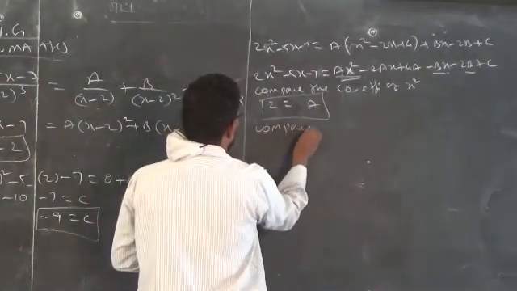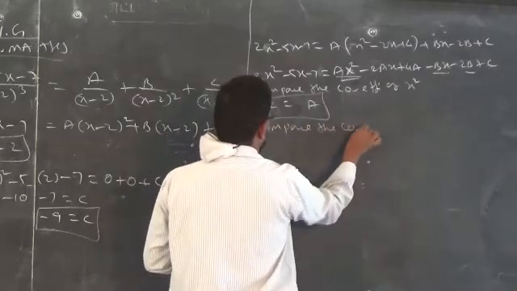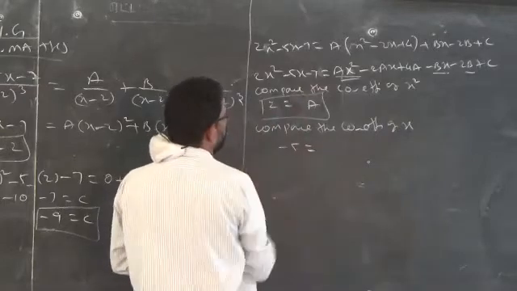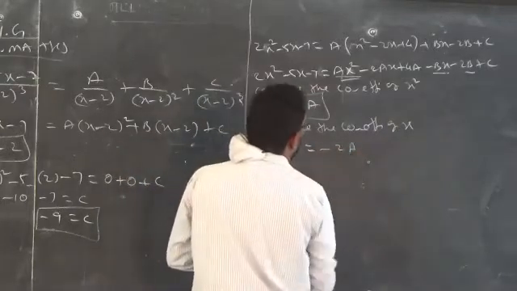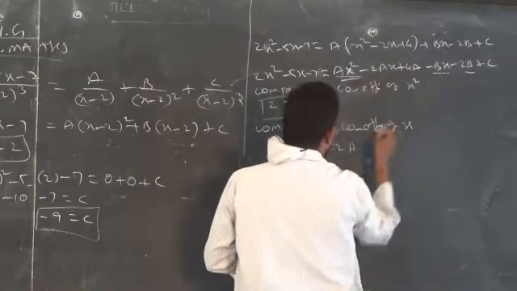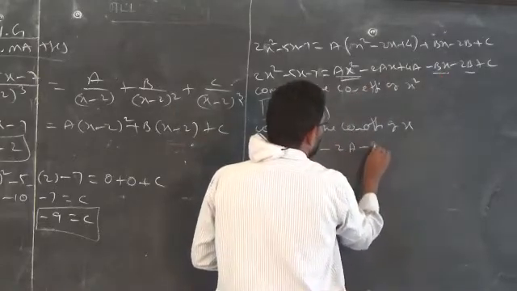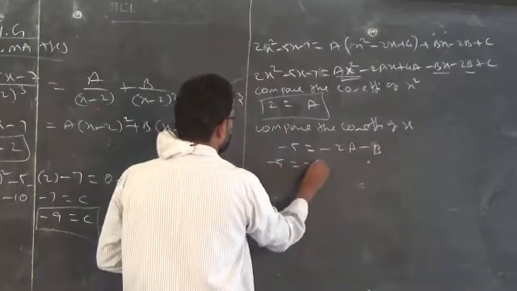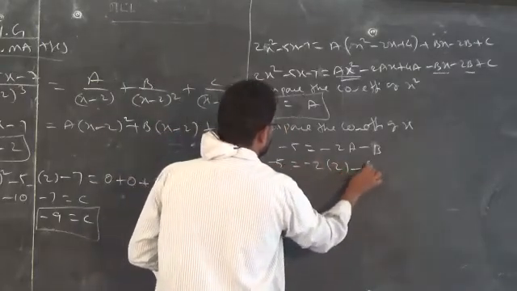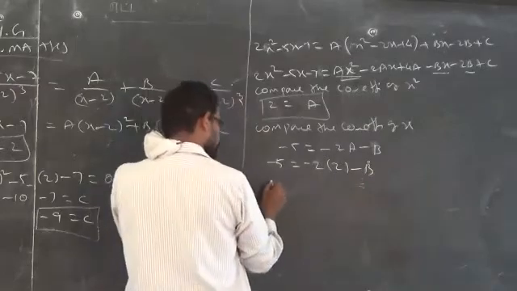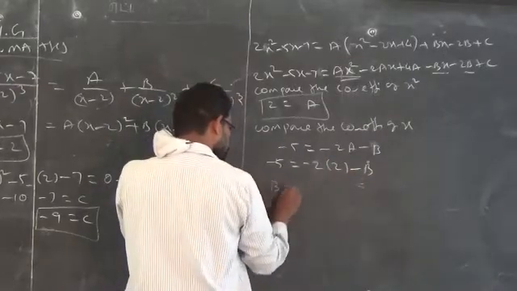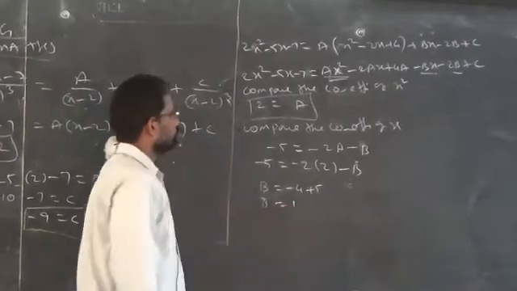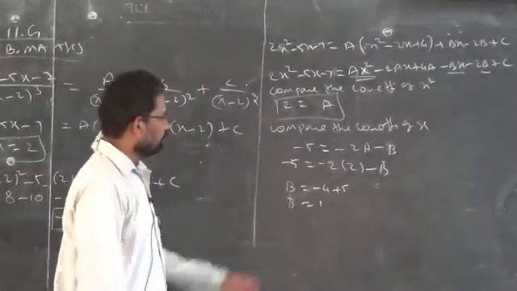You can take the constant also, you will get the same answer. So x is minus 5, here minus 2a minus b, but we found already the value of a, just replace and multiply. You will get, transferring, b is equal to minus 4 plus 5, which gives 1, b is equal to 1. This is one method.